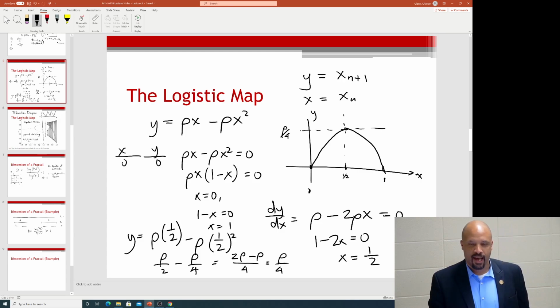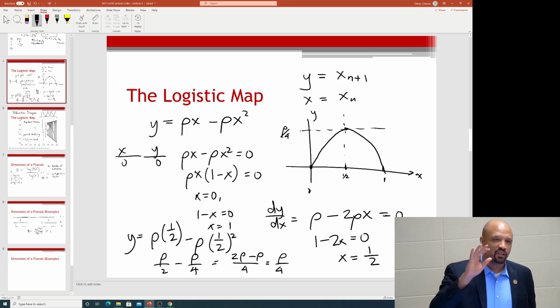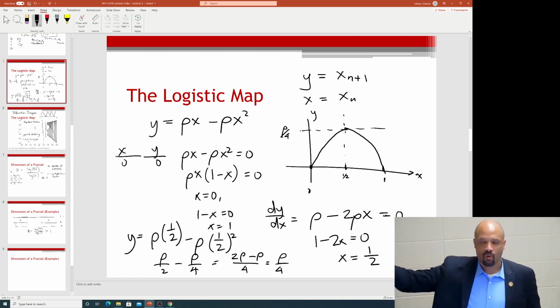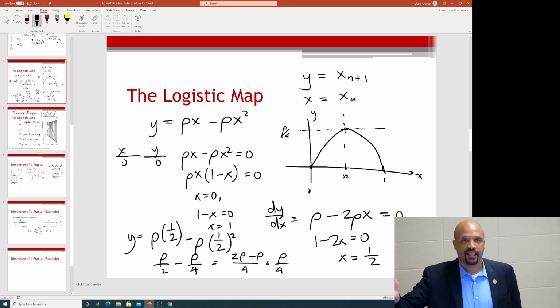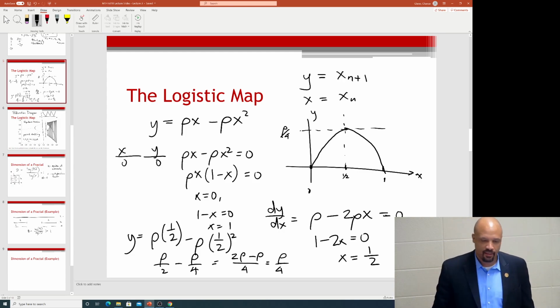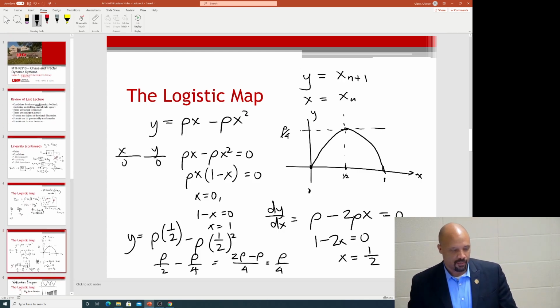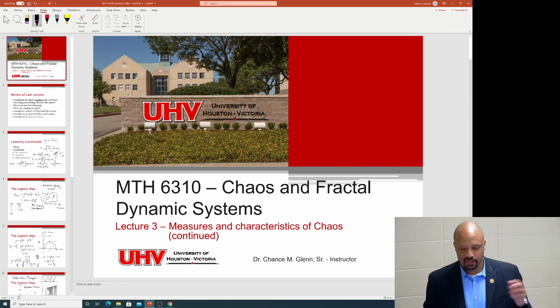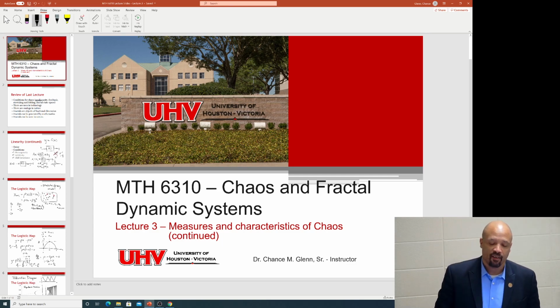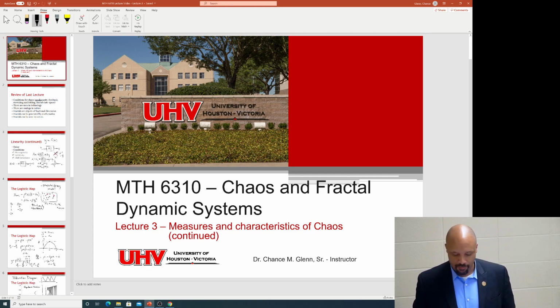I'll show you how to take a higher order differential equation, turn it into a system, and then the system is what allows you to create a state space that you can then look at from a chaotic standpoint. I know it sounds like a lot, but we're going to walk through this slowly. You get all the principles down, and you should be able to have a good time with it.